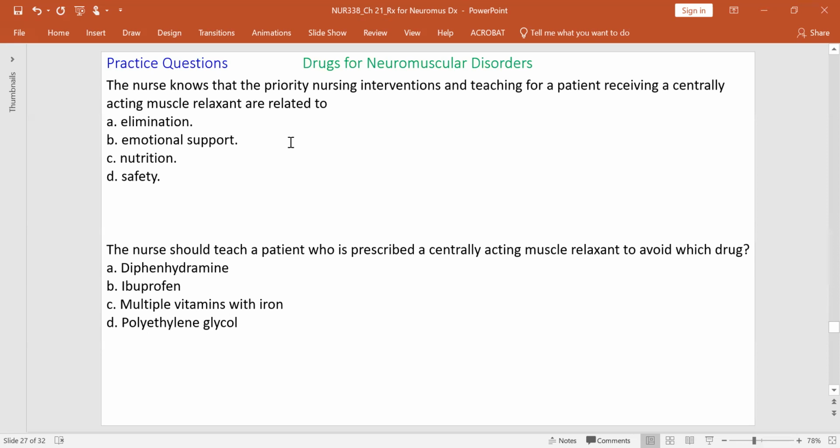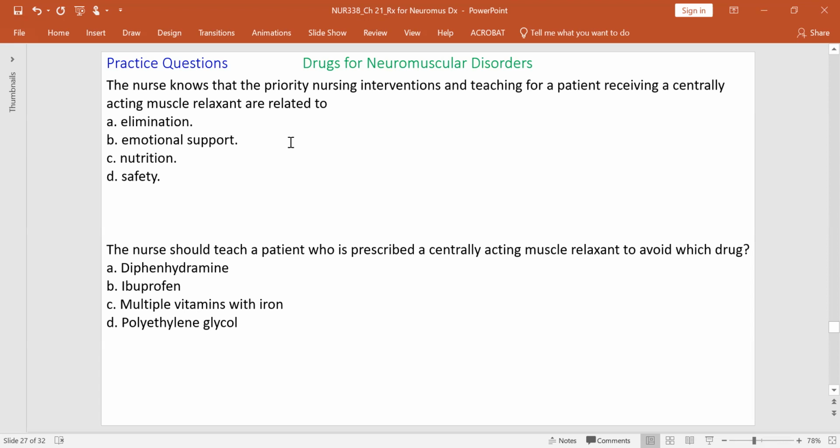The next question: the nurse knows that the priority nursing interventions and teaching for a patient receiving centrally acting muscle relaxant are related to central nervous system suppression or depression, a concern will be safety.